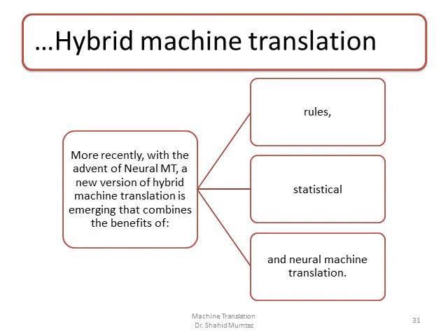More recently, with the advent of neural machine translation, a new version of hybrid machine translation is emerging that combines the benefits of rules, statistical and neural machine translation.